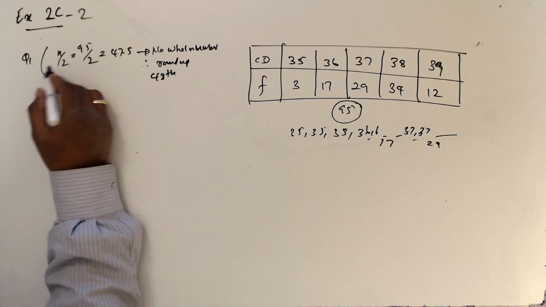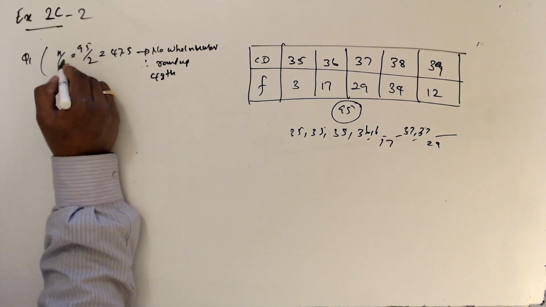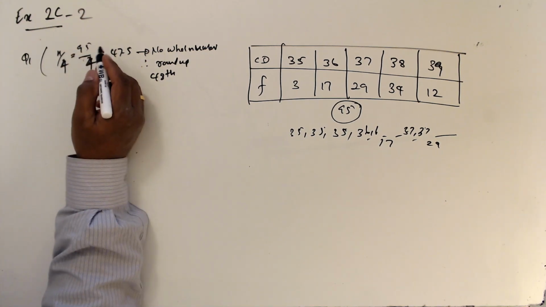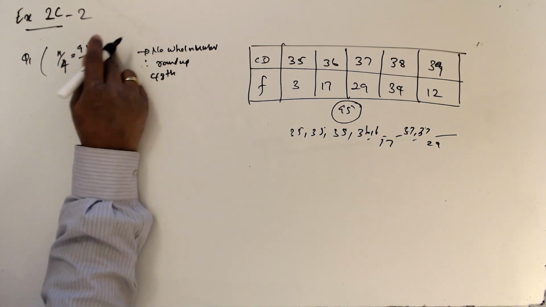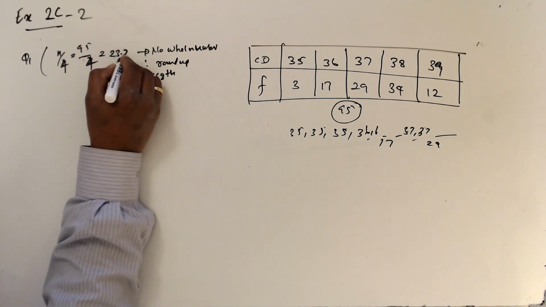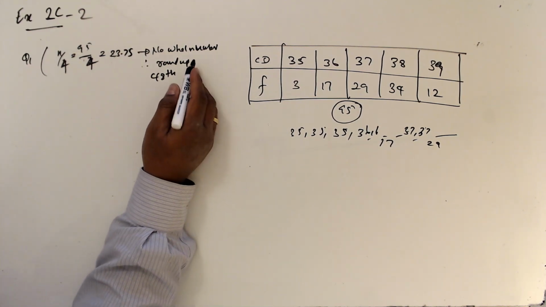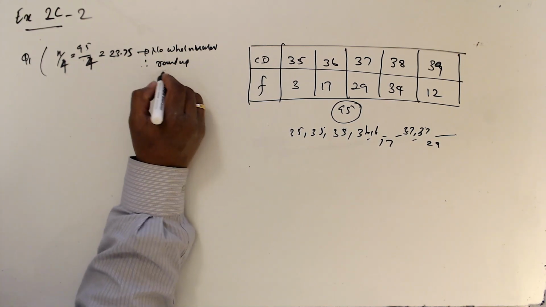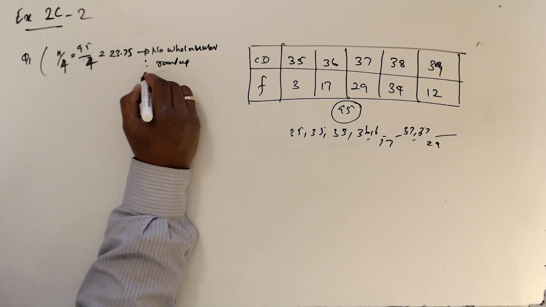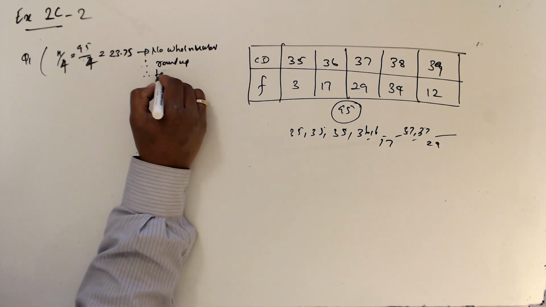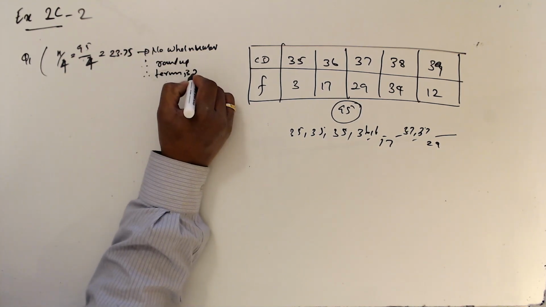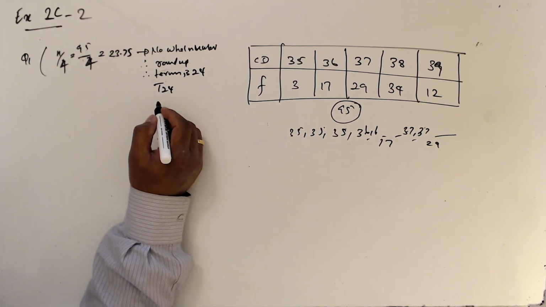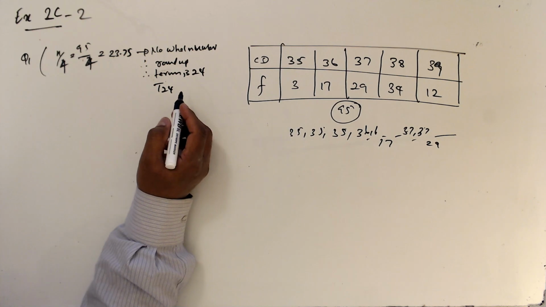I think this is the wrong formula for Q1. It is n divided by 4, basically, not 2. So 95 divided by 4 is 23.75. Not a whole number, round up, so the term becomes the 24th term. So T24. So we have the 24th term here.